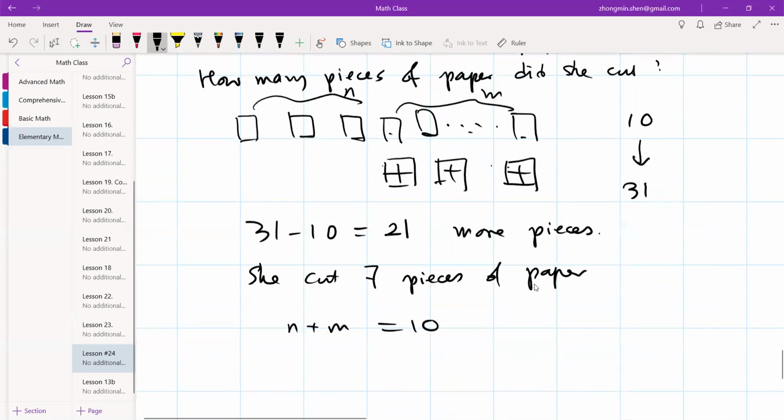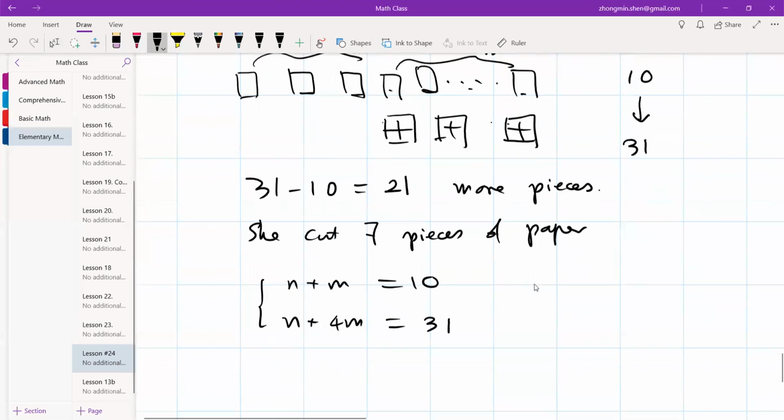And after you cut M pieces, you get 4M pieces. N is unchanged because those papers are not cut. Then you get 31. That's called a system of linear equations, okay? Just translate each sentence into an equation.